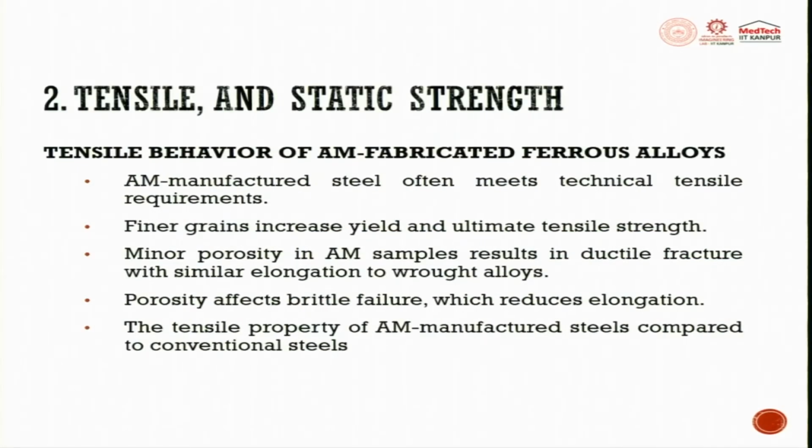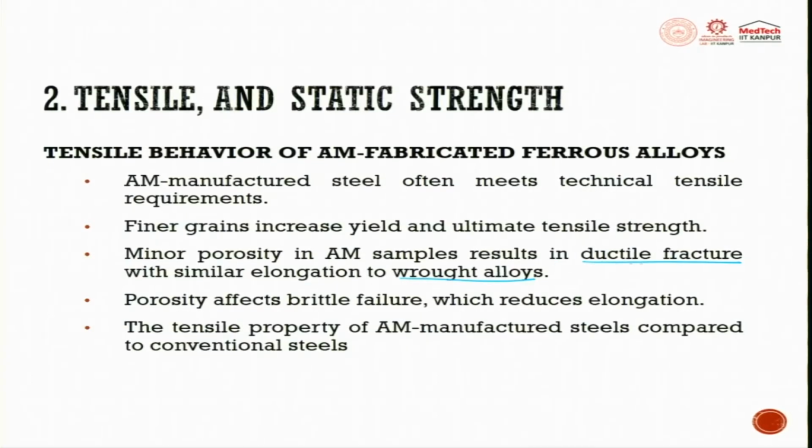When we look into the tensile behavior of additive manufactured ferrous alloys, AM manufactured steel often meets technical tensile requirements. Finer grains increase yield and ultimate tensile strength. Minor porosity in additive samples results in ductile fracture with similar elongation to wrought alloys.